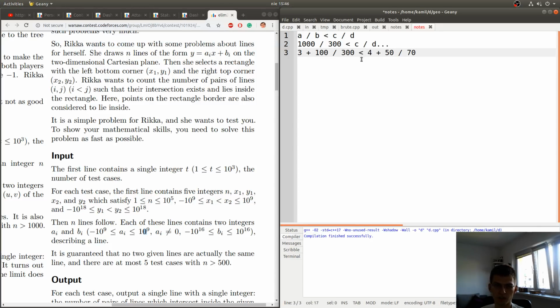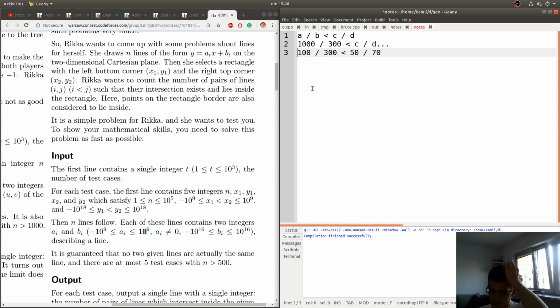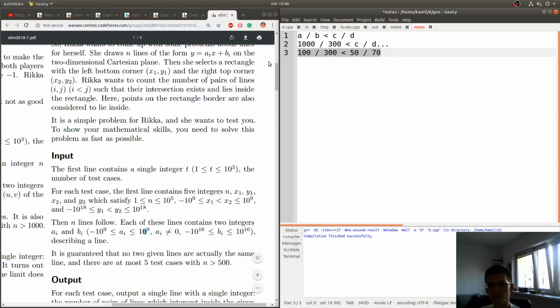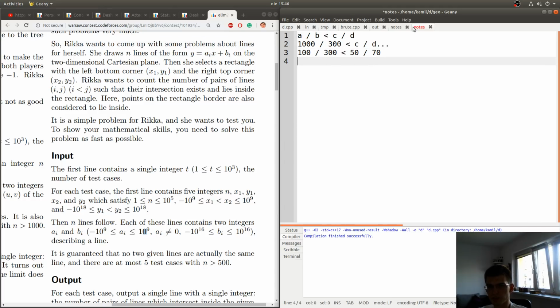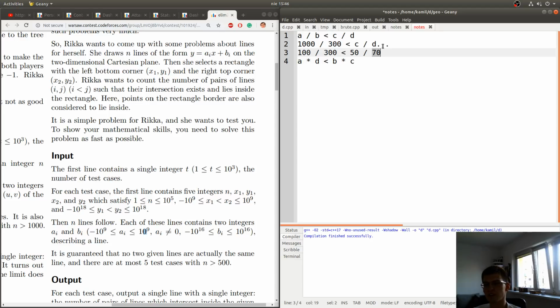Here 4 is bigger, so we know the answer. But if the integer part is the same, then we are left with fractions, but this time the values are limited by 1 billion, so you can do a times d, whether it's more than b times c. So here it would be 100 times 70 moved to the left side, whether it's more than 300 times 50.